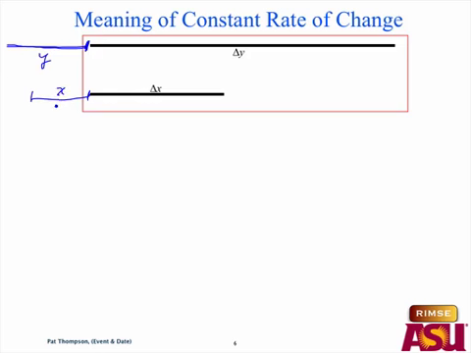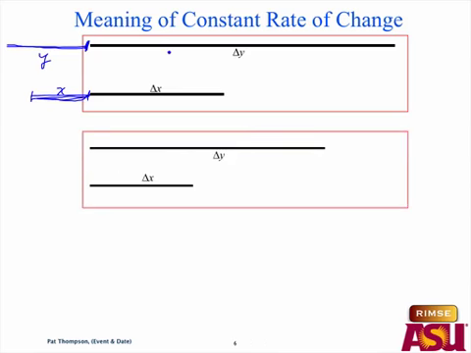Who knows? So this was x. And then when we changed x, we changed y this much. So here's another set of delta y and delta x taken together. Here's delta y and delta x taken together.